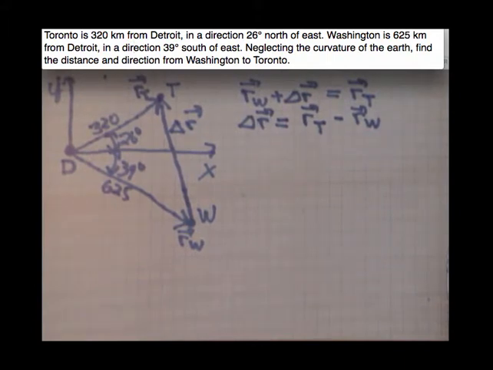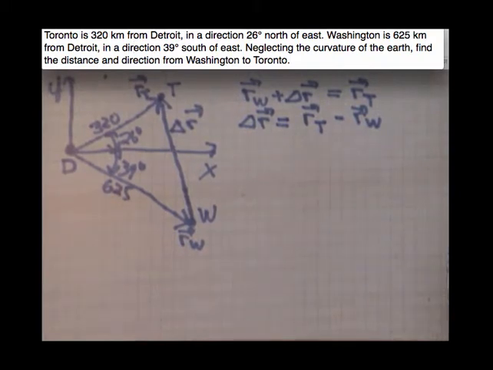Now, because we're being asked to calculate something that's a difference between two vectors, it'll be most convenient if we express the vectors RT and RW in Cartesian coordinates, because as we'll see, it's very easy to subtract vectors when they're represented in Cartesian coordinates.